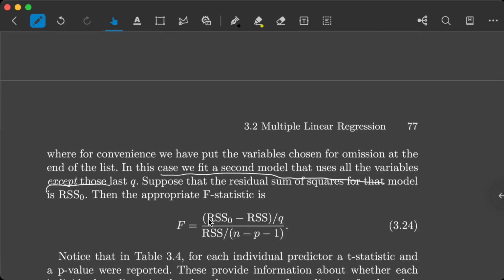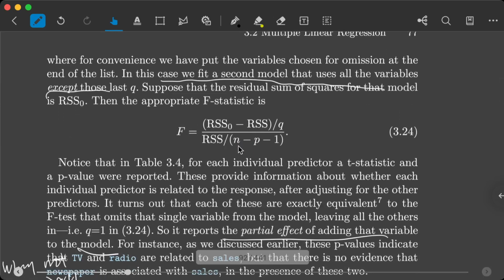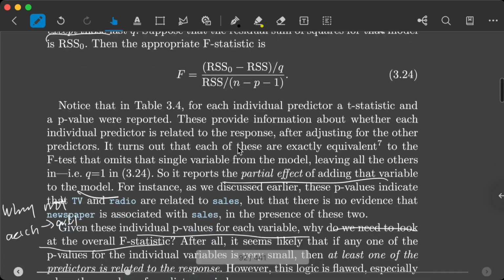Generally, the form is similar, but it replaces TSS with RSS_0. It is used to compare two models, where one uses part of the parameters and the other adds some new predictors, and we want to say whether the new predictors help to estimate y.